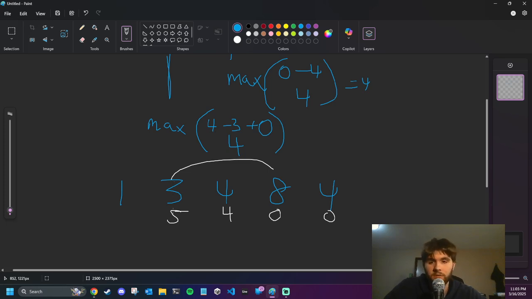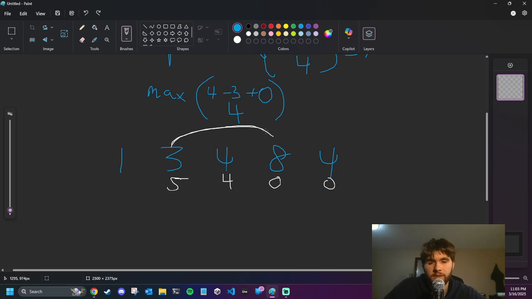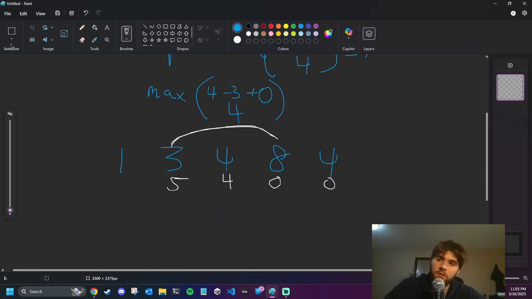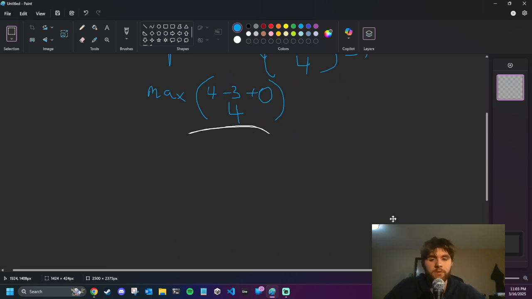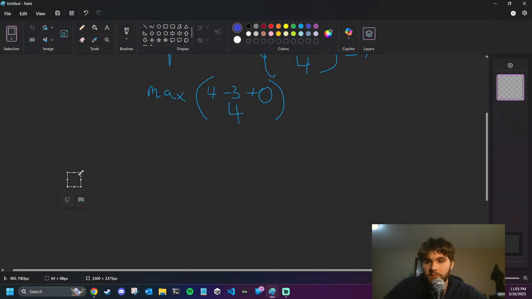You also could do 1 plus 0, like 4 minus 3 plus 0. So we also have to consider this. I think this example is too short for me to get anything meaningful from it. So I'm just going to do a longer example.